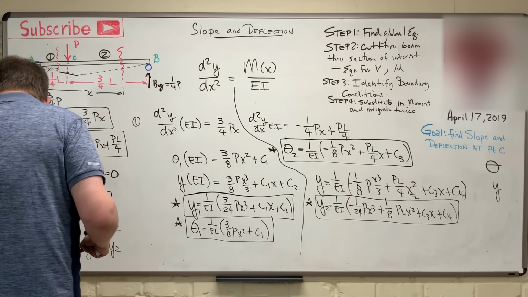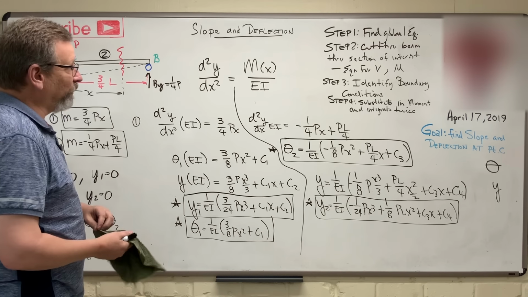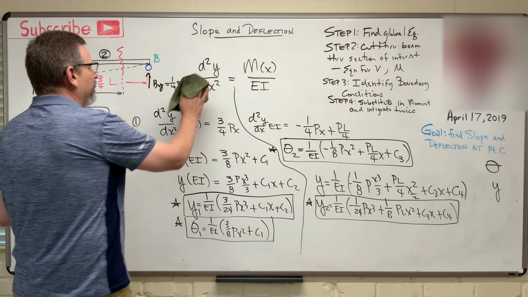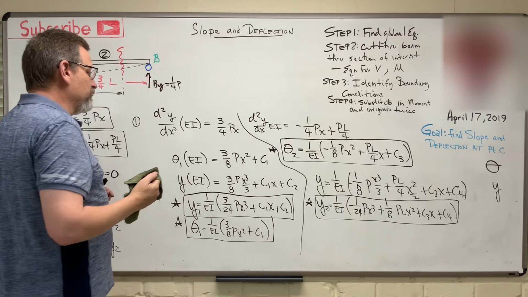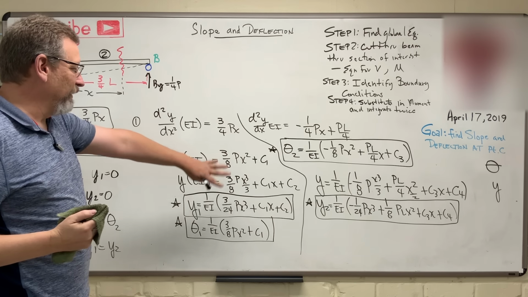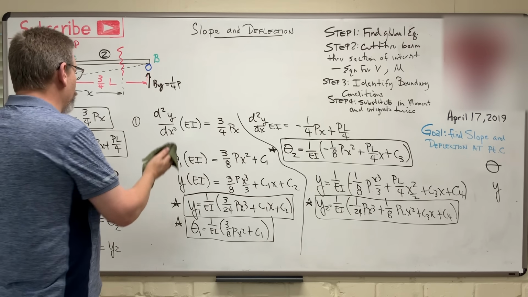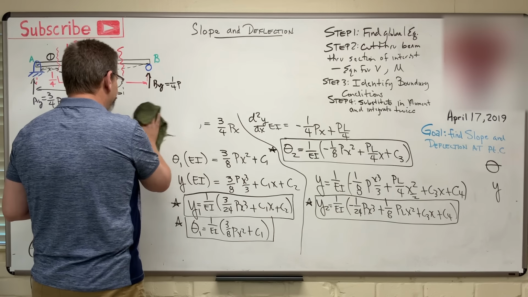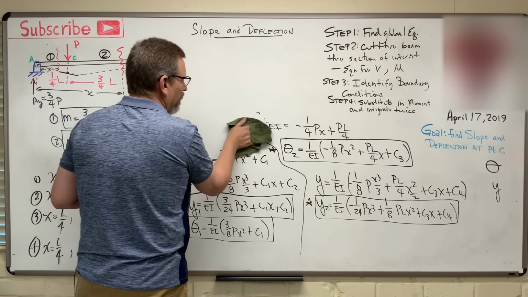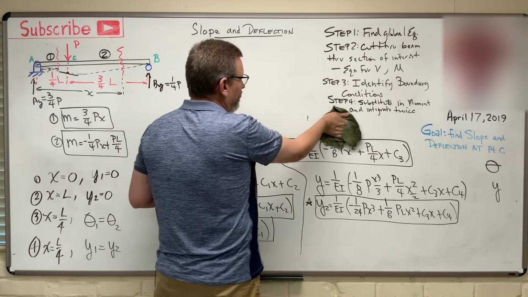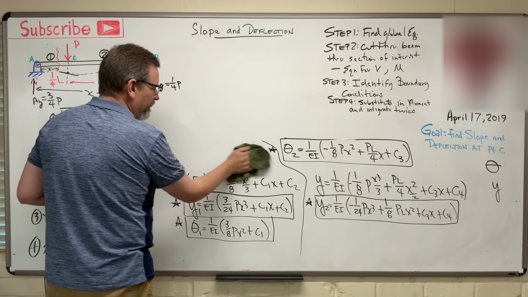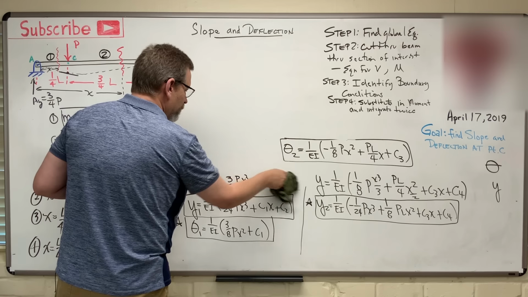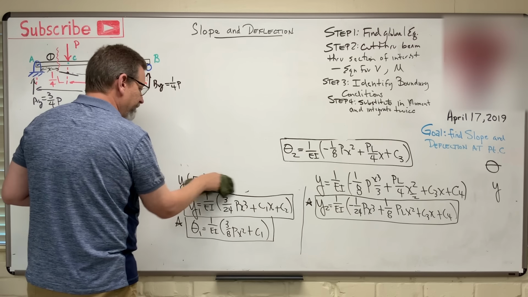We need some room here, don't we? This problem is going to take up a lot of room. Let me erase this. If you know how we did those, I don't need this work anymore, so I'm going to erase it. I'm just going to leave the equations that we derived.